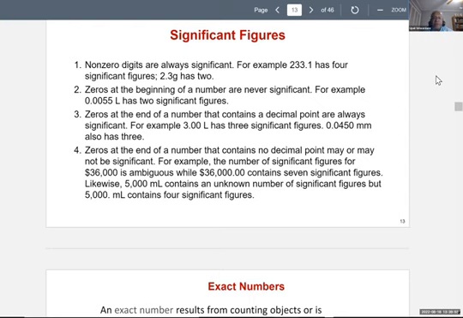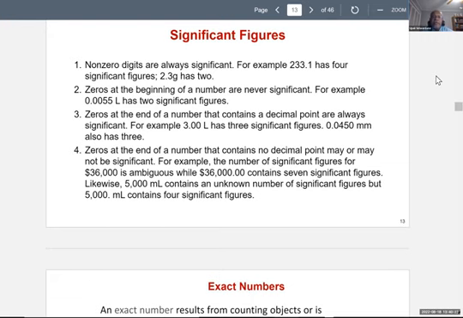Okay, about the zeros. Zeros at the beginning are called leading zeros. For example, 0.0055. The leading zeros are not significant.